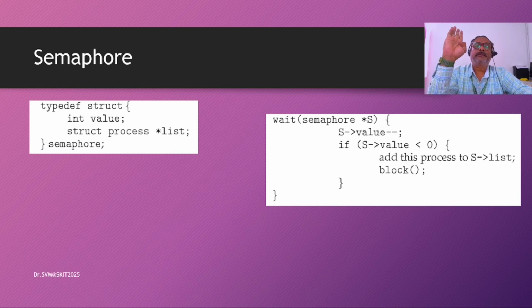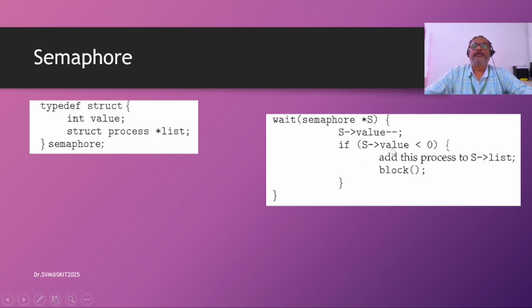First process it becomes 4, second process it becomes 3, third process it becomes 2, fourth process it becomes 1, fifth process it has become 0. But for the sixth process, 0 goes down to negative. So the sixth process should be stopped, not up to the fifth process. The sixth process should be stopped.